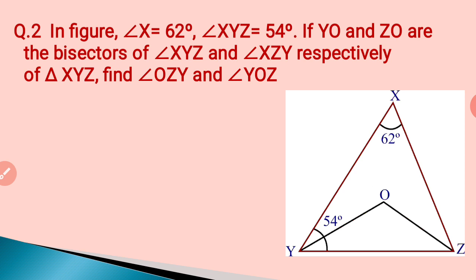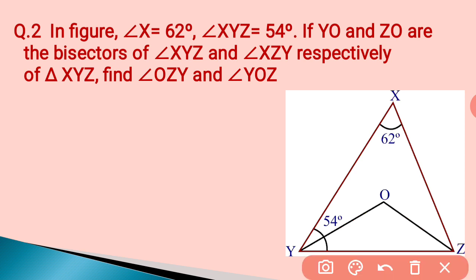Next, question number 2. Here we have question number 2 wherein angle X is given to be 62 degrees, angle XYZ is told to be 54 degrees. If YO and ZO are the bisectors of angle XYZ and XZY respectively of the triangle XYZ, find angle OZY and angle YOZ.